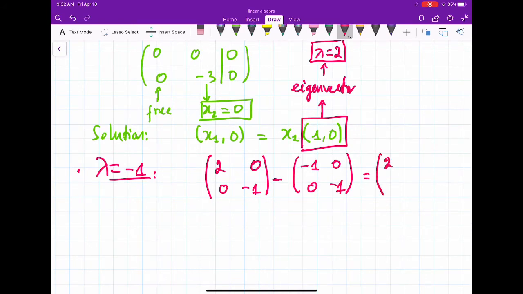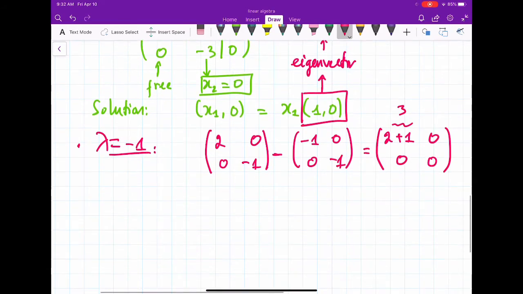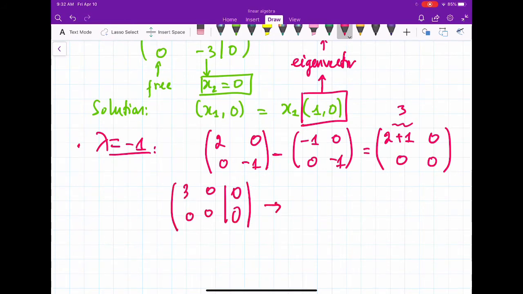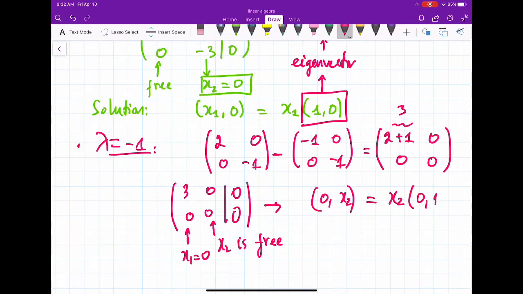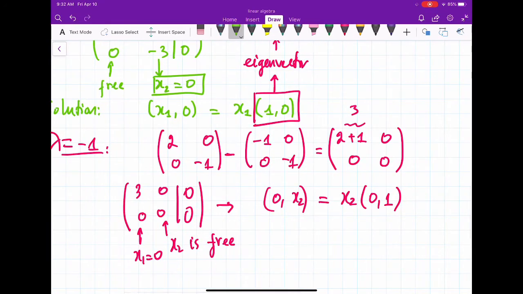I have 2 minus (-1), which is 3, and the other entries are 0. So you have a homogeneous system with rows [3, 0] and [0, 0]. You solve this: x1 = 0, and x2 is free. So you have the solution x2 times (0, 1). This vector is the eigenvector corresponding to lambda = -1.